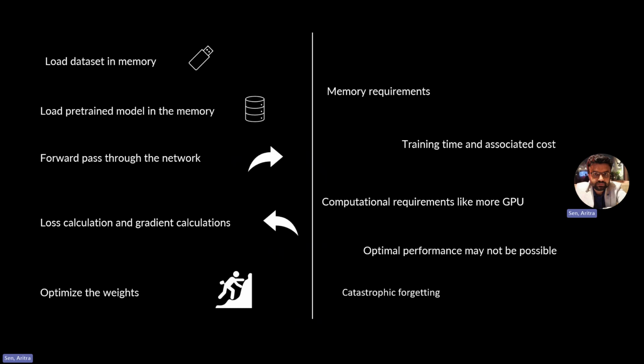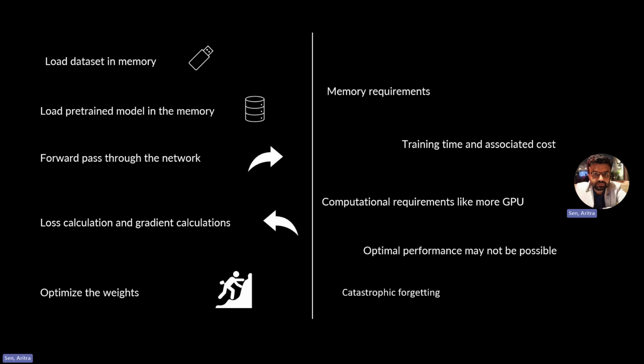What is catastrophic forgetting? LLMs are generally trained for next word prediction or text generation. ChatGPT is like the decoder part of the transformer network, which generally does next token prediction. So if you train a pre-trained model using your data set, it might forget the task for which it was pre-trained.